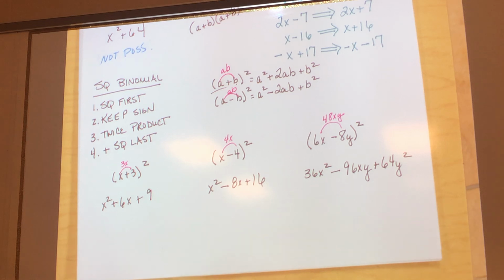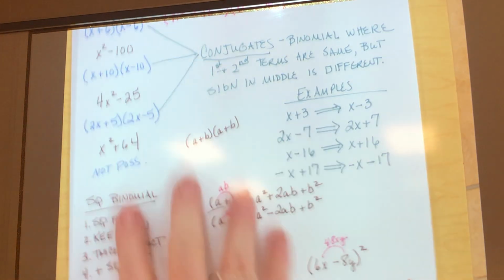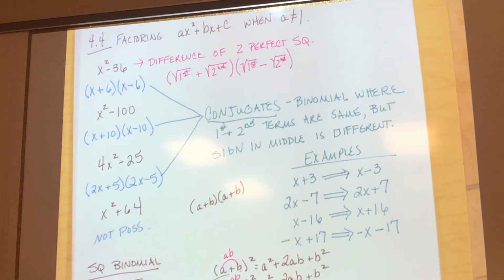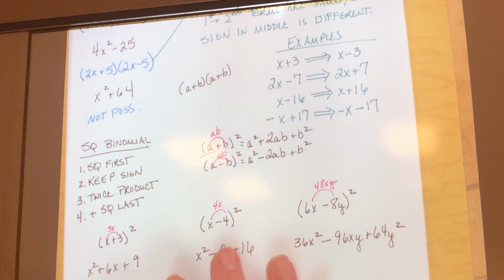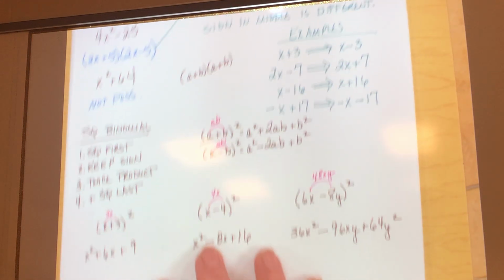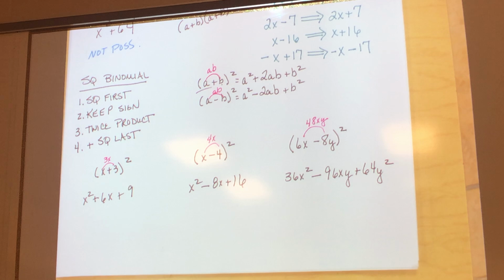So, anybody got a question so far? Okay, so this seems a little silly, right? Like, we're supposed to be factoring. I mean, that's what the title of the lesson is. And we're multiplying. Okay? But let's think about this. What is factoring really doing in math?